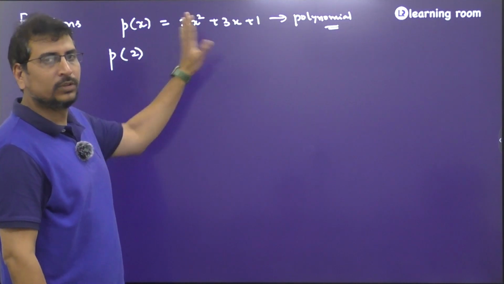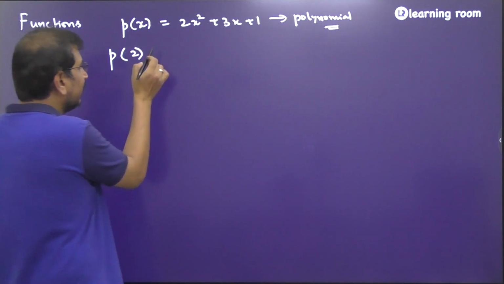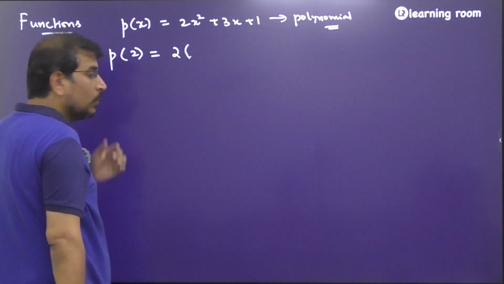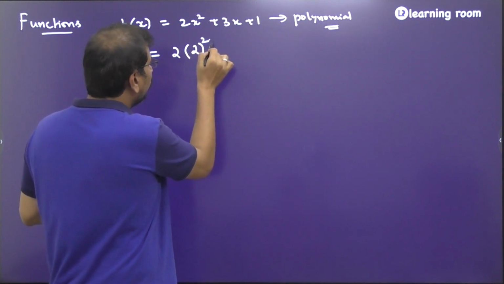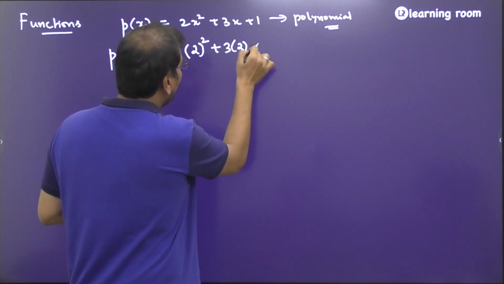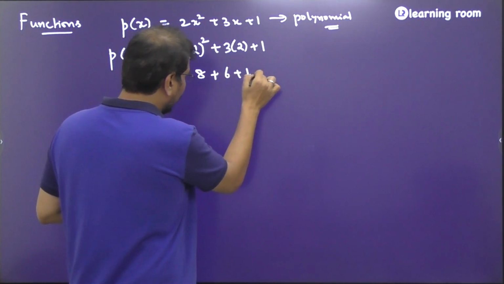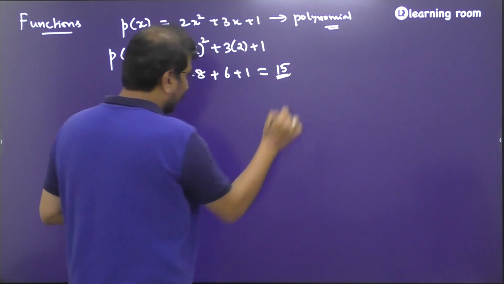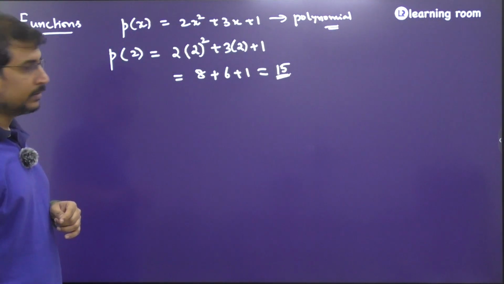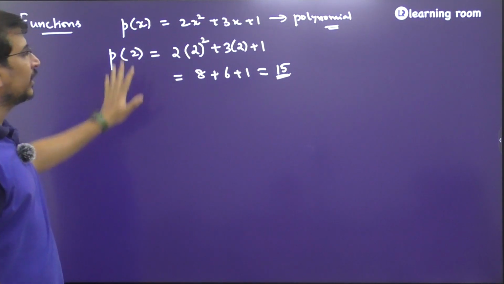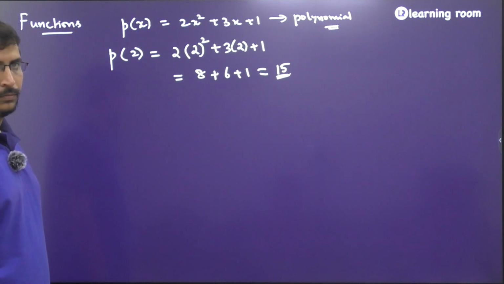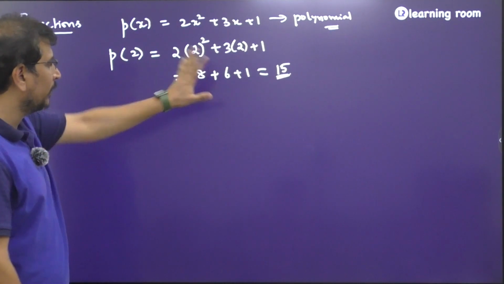Wherever x is there, you will put the 2. You will just plug in that value and tell me a number, no? 2 into 2 squared plus 3 into 2 plus 1. So how much are you going to get? 4 into 2, 8. 8 plus 6 plus 1. It's going to give me 15. Means the value of this quadratic polynomial at 2 is 15. Right? Or if I put x is equal to 2, I'm getting 15.